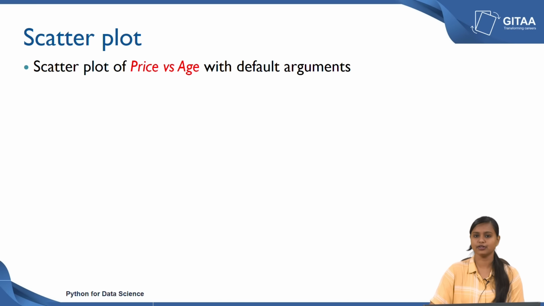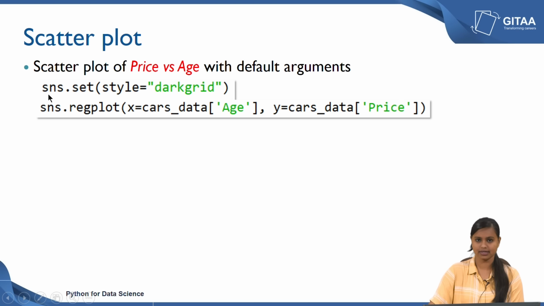Here we are going to create a scatter plot of price versus age, and that will be built using the default arguments. If you see the first line, I have given sns.set, which means we are giving a theme to the background of the plot. The theme is darkgrid, which means you will have a dark shade as the background of your plot, and you will also have a grid.